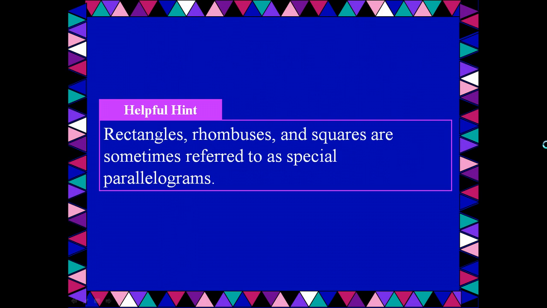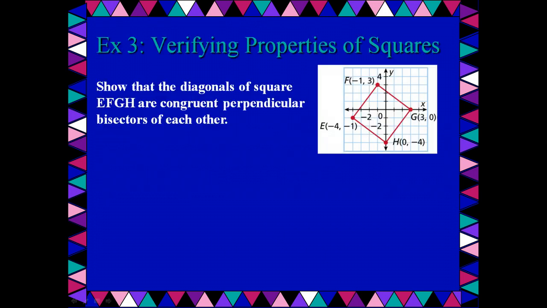Rectangles, rhombuses, and squares are sometimes referred to as special parallelograms because they share a lot of the same properties. Let's look at another example, verifying properties of squares. Show the diagonals of square EFGH are congruent, perpendicular bisectors of each other. So we're looking for the diagonals, so EG and FH, and we want to show that they are perpendicular and they are congruent.